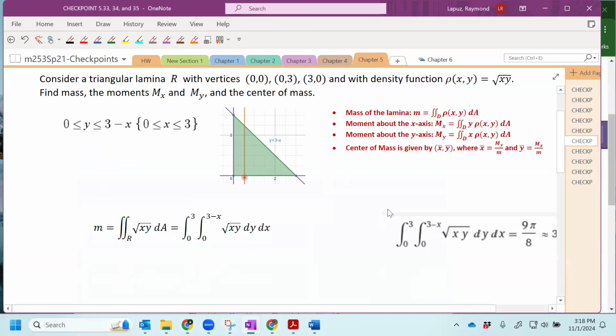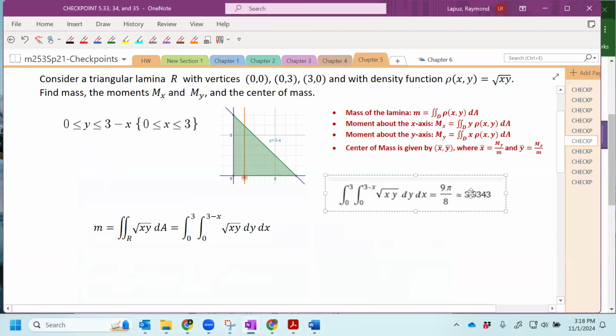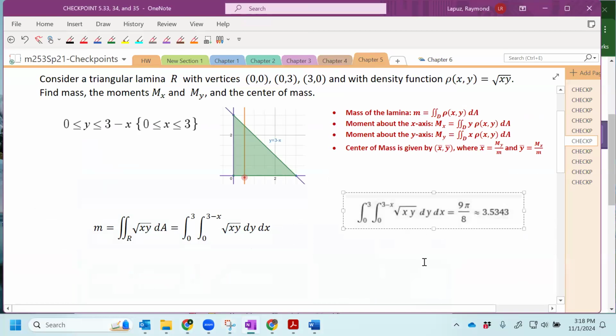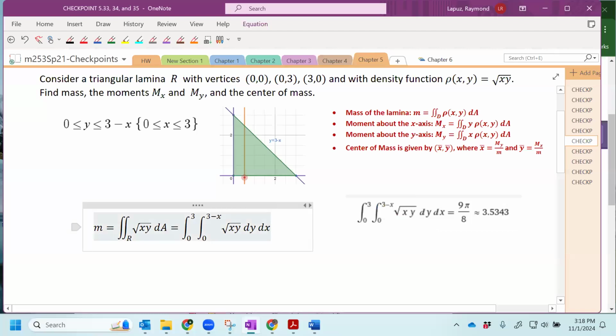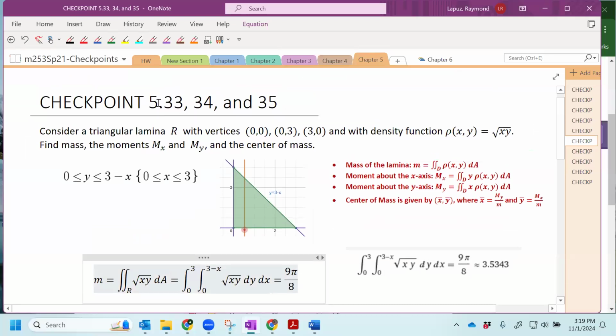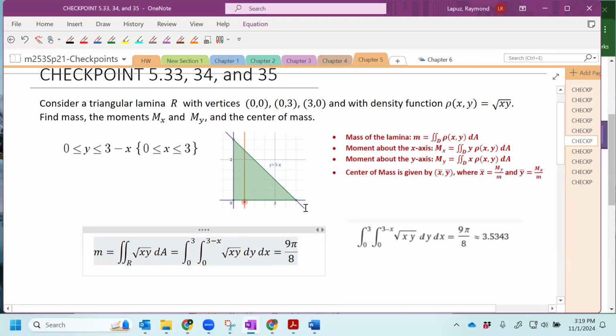Okay, so now we have the solution for our mass. Actually, let's type it in here as well. So this is equal to 9 pi over 8. All right, so that's checkpoint 5.33.